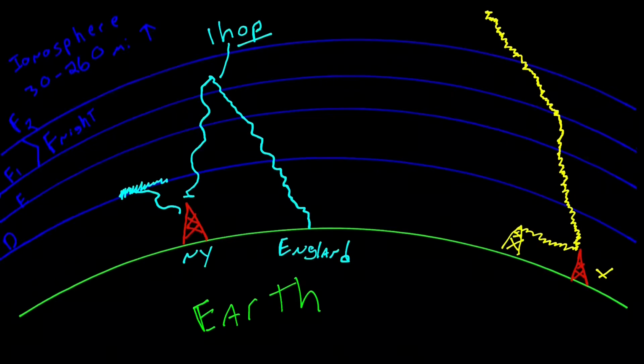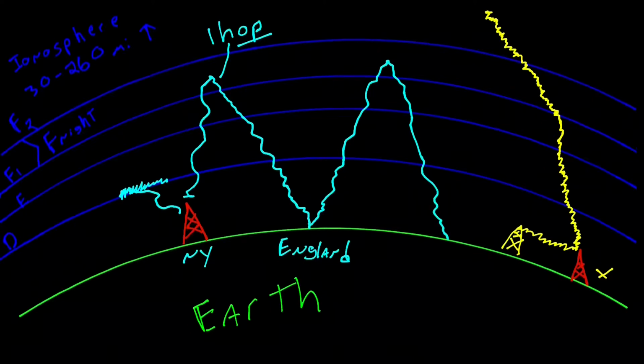However, the Earth can also be reflective. So that signal can be bounced off, especially the salt water, and go all the way back up to the ionosphere, to that F layer at night, and be reflected again back down to the Earth.